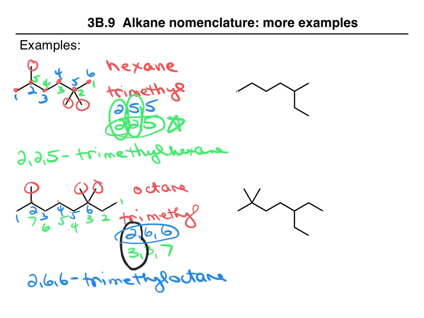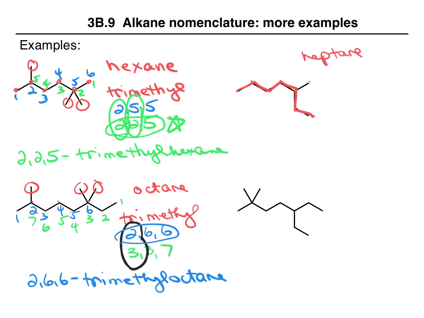We have 1, 2, 3, 4, 5, 6 carbons, right? So this should be hexane. But remember, the first rule is to find the longest chain. It doesn't have to be the longest chain written from left to right. You have to find the longest chain. So the longest chain is actually this one. And this has 7 carbons, so it has the base name of heptane.